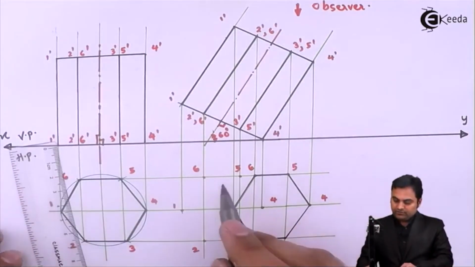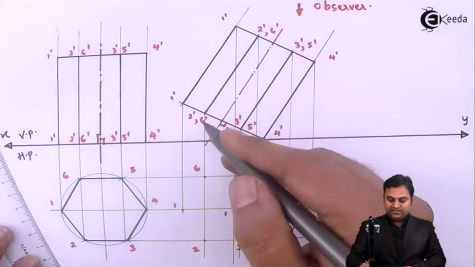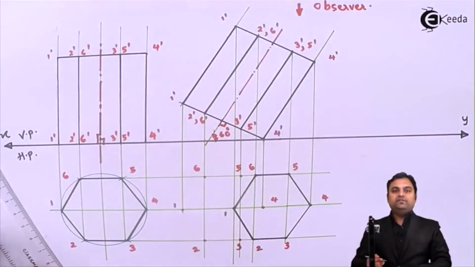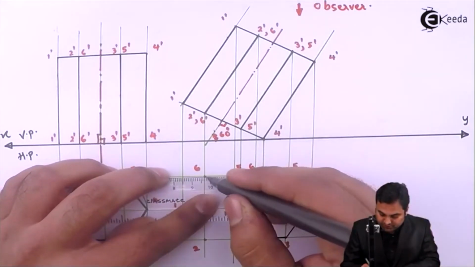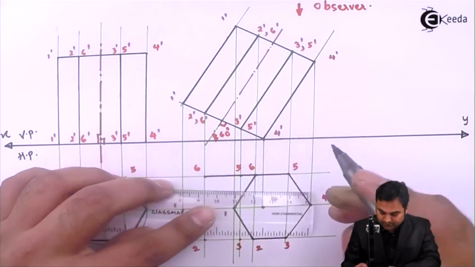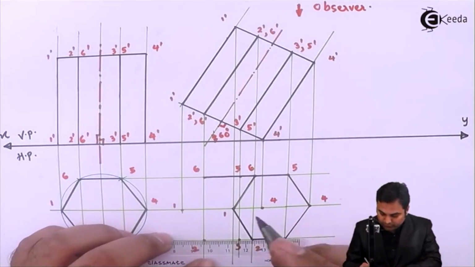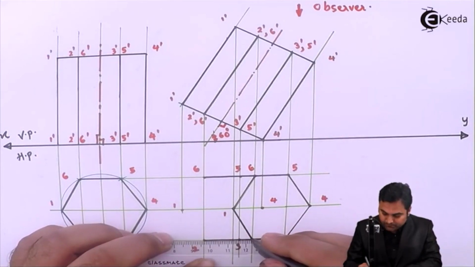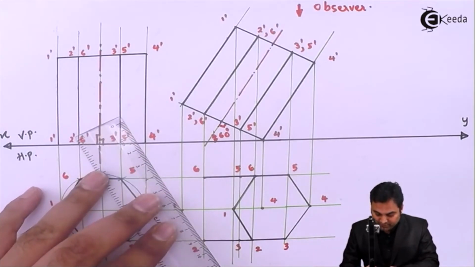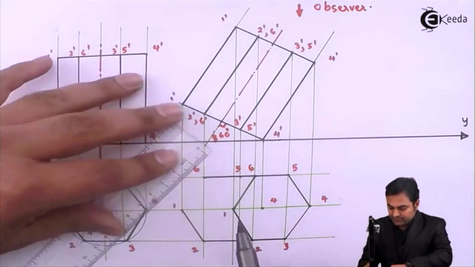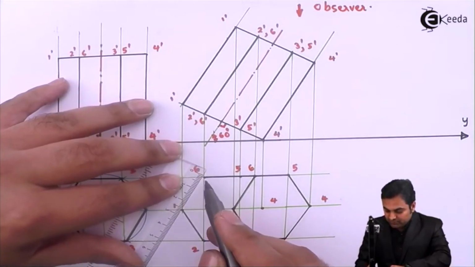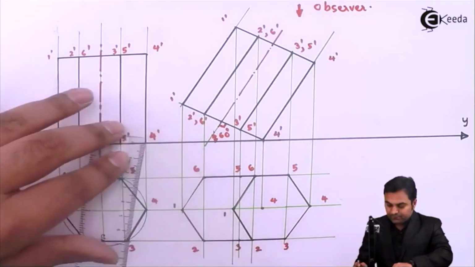Next, from 6 to 6 it is a continuous edge because that is a prism. So from 6 to 6 it will be connected. Next, from the bottom 2 to 2 will be connected, and this is forming another edge, 1 to 2 and 1 to 6. So this much is the outline which should be made dark.